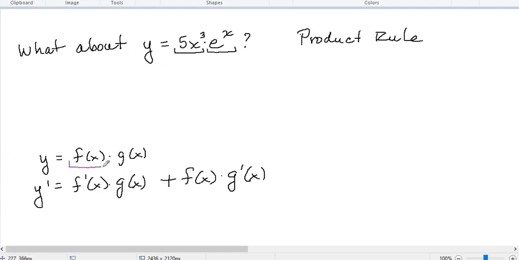I'm going to color code this. f of x is going to be purple, and g of x is going to be blue.